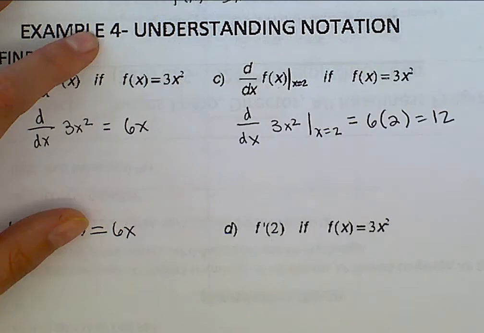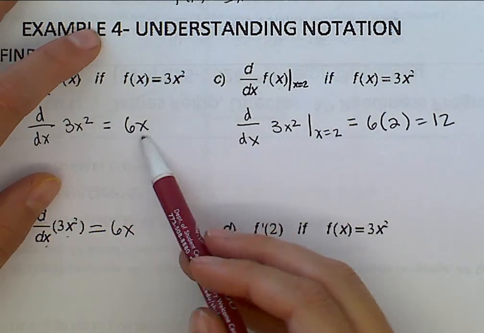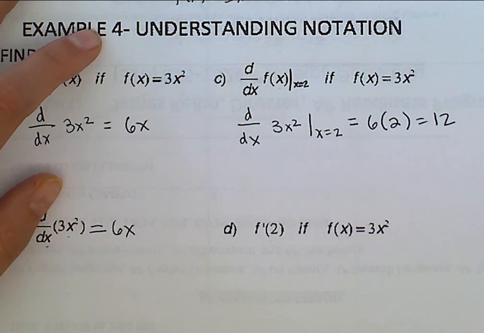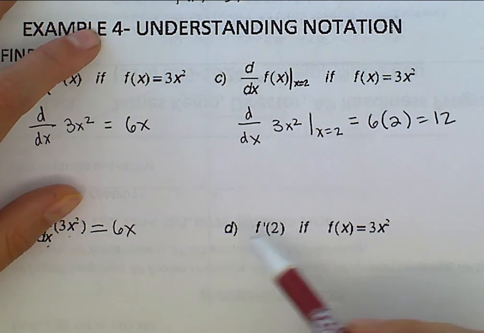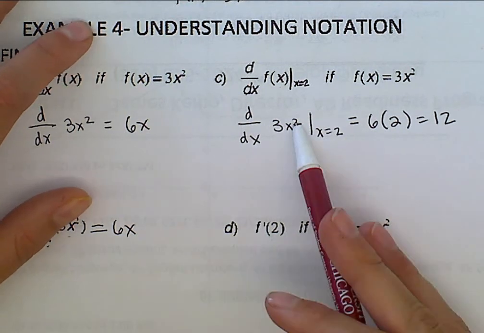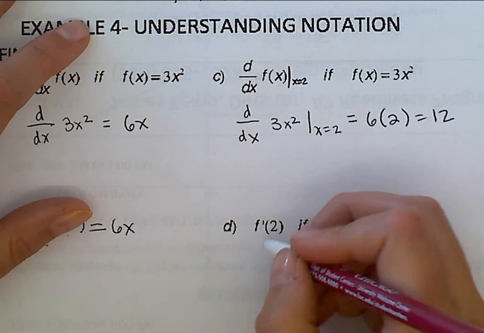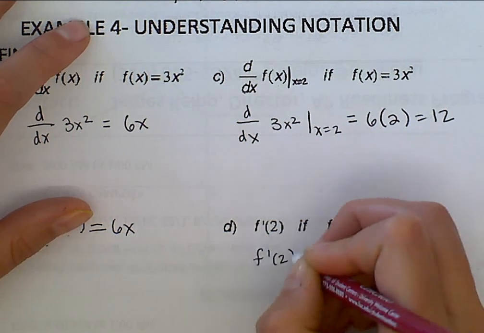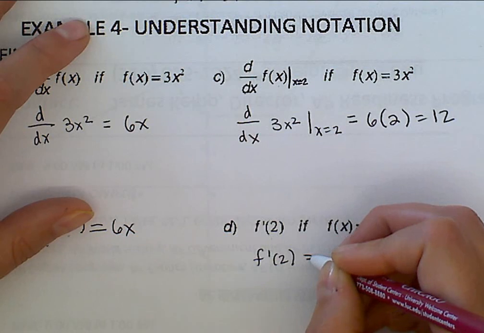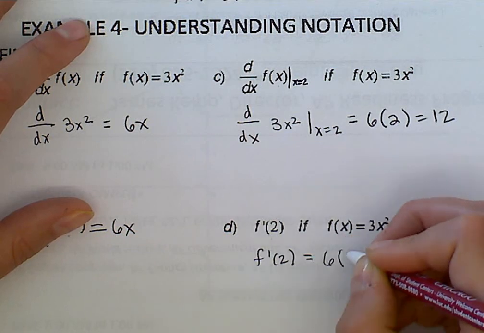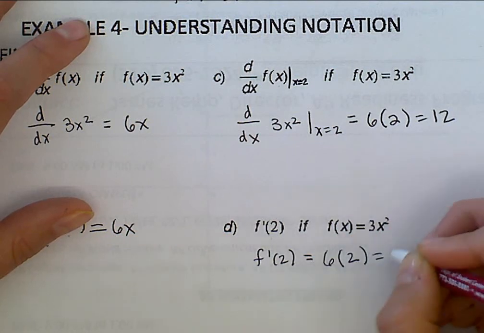So we're solving the derivative at x equals 2, plugging that in. And D says the same thing as C, except using prime notation. f prime of 2 means find the derivative when x equals 2, so that is also 6 times 2, which is 12.